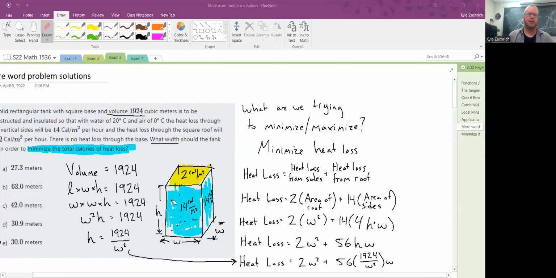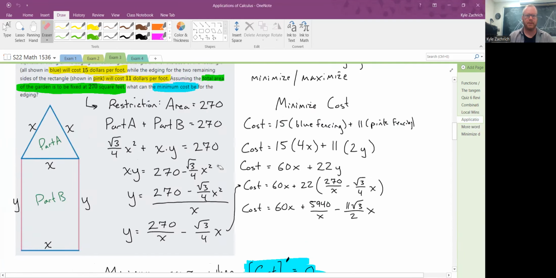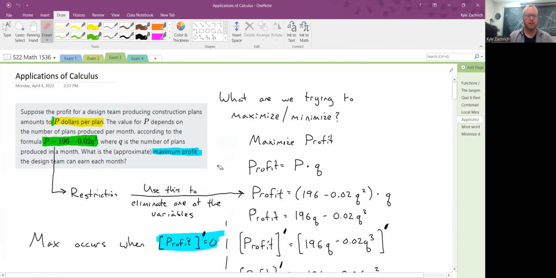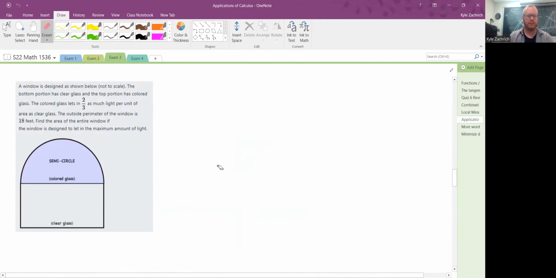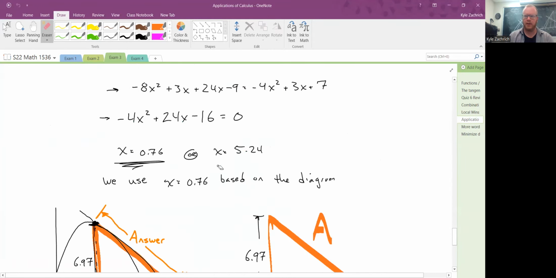If you look at the notes under exam 3, I've got the ones that I did in class. So I did this garden one, I did the profit and design team one, and I did this beam one.